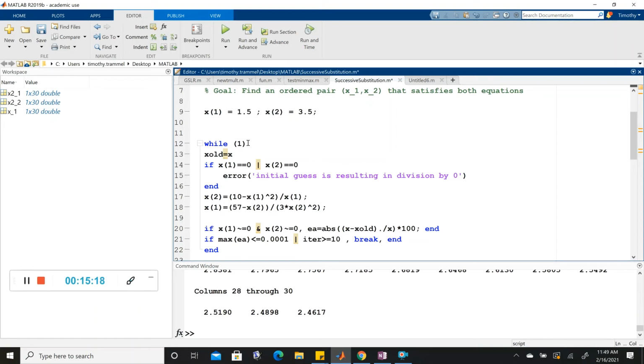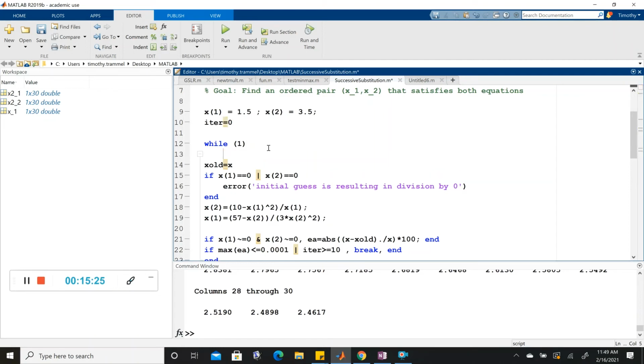And we should build in the iterations. So iter equals 0, and iter is equal to iter plus 1. All right, let's go ahead and run it.